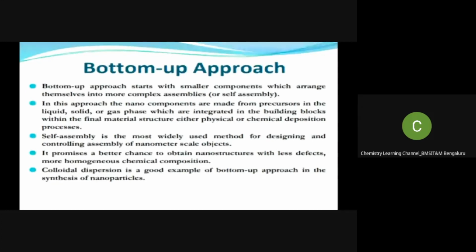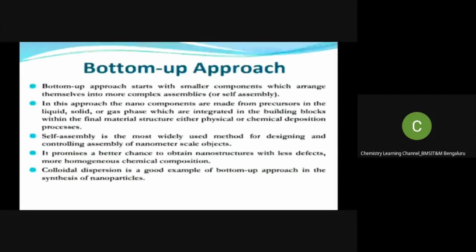Here, we can use solid, liquid, or gases as the precursor. The precursors are integrated or self-assembled to form larger, bulkier nanomaterials when compared to the smaller atoms or molecules, by chemical deposition or physical processes.